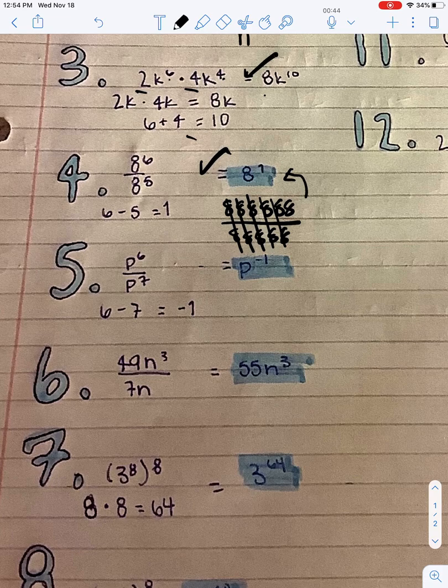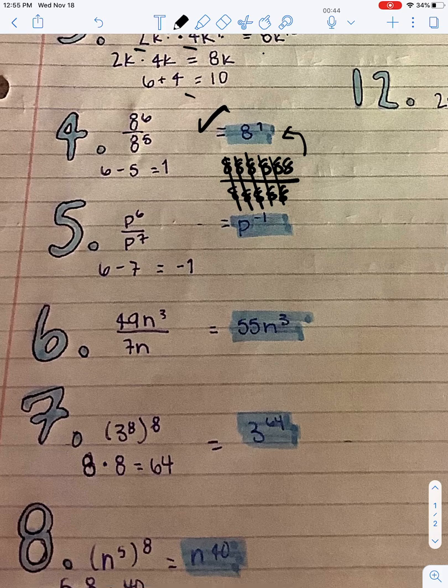This next problem is a little different because you ended up with a negative answer. I just have to show you how to write that as an answer. So I'm going to write it out in expanded form. There are my 6 p's on top, here are my 7 p's on the bottom, so I'm going to eliminate the 6 of them. And you're right, we're left with p to the negative 1 because it's in the bottom. We can't have negative exponents though.